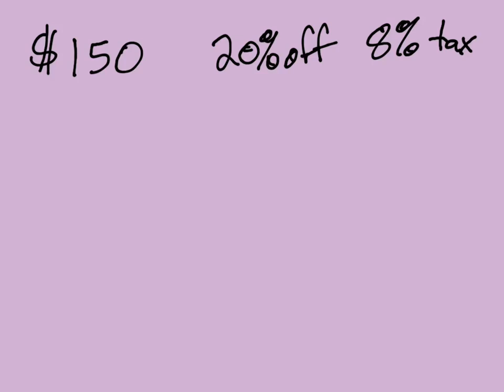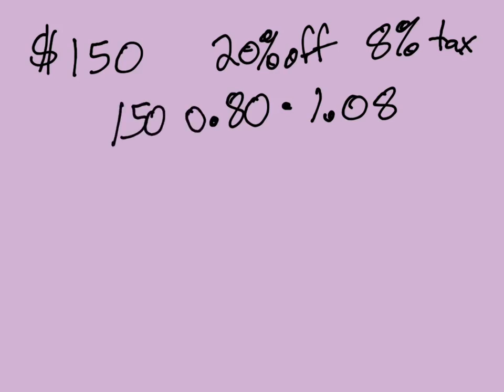Okay, hopefully you've paused the video and you realize that 20% off means you are paying 80%, which as a decimal would be 0.80, and 8% tax would be 1.08. We can multiply those together, and we can take our $150 and multiply that.